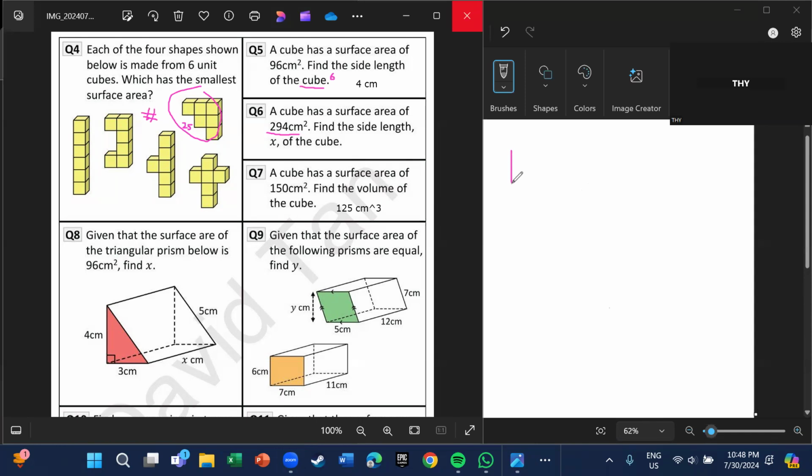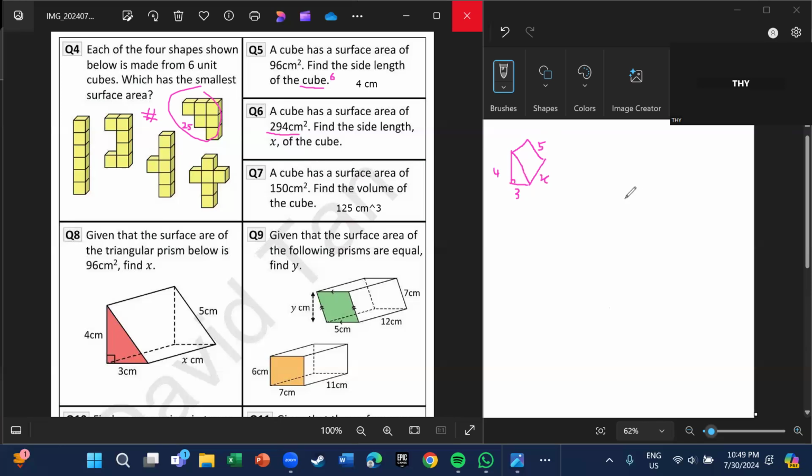I'm drawing using a mouse. Let's label it. This slanted part here will be 5 centimeters. This straight part here will be 4, 3, and x. Keep in mind this is a right angle triangle.